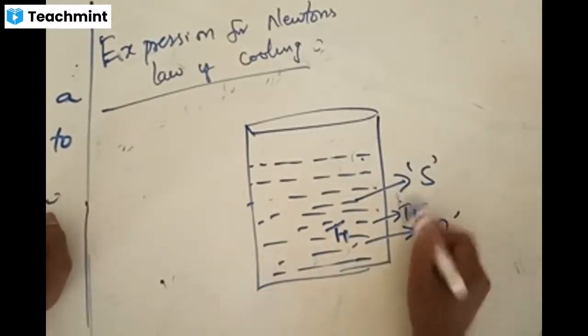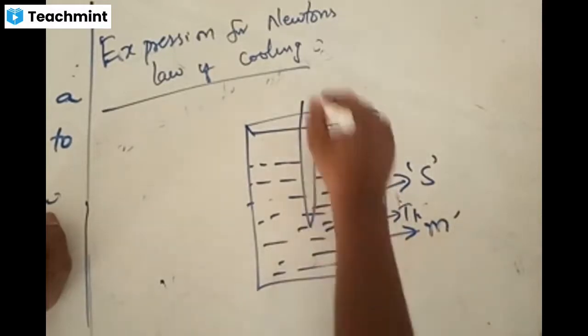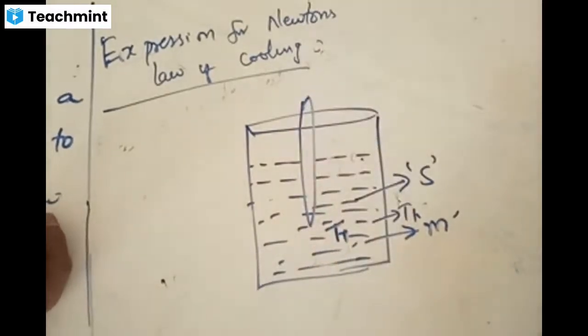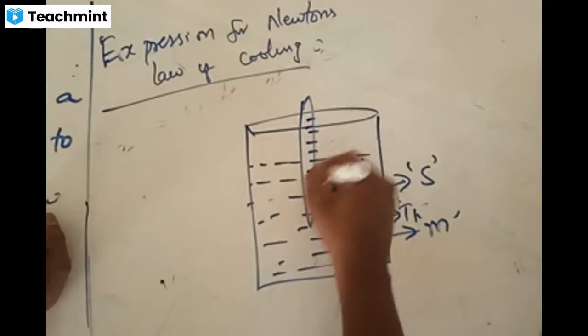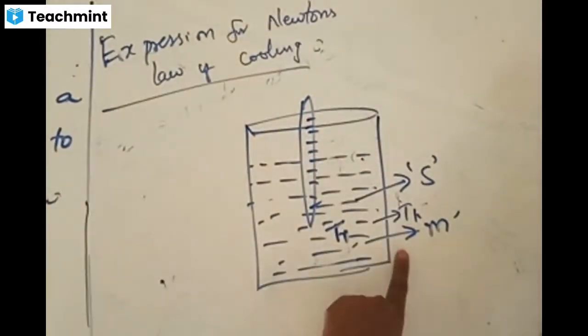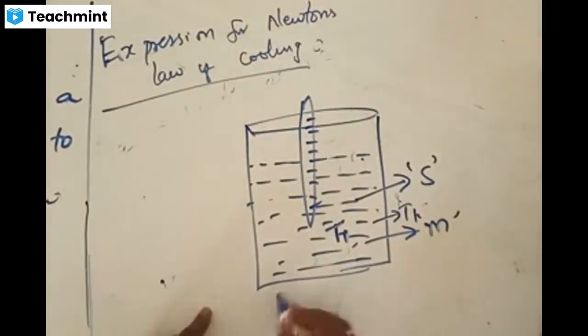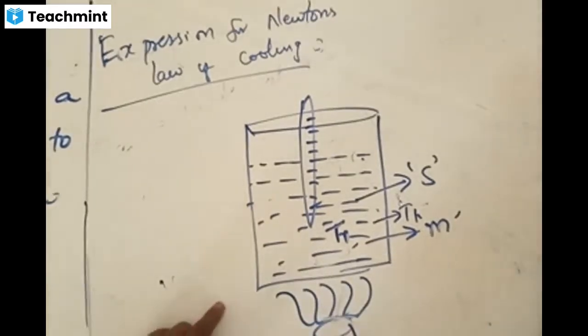How to determine the value of temperature? By using a thermometer. Yes or no? By using a thermometer, you can determine the initial temperature. Now we start heating this. Now what happens? Slowly the temperature rises.